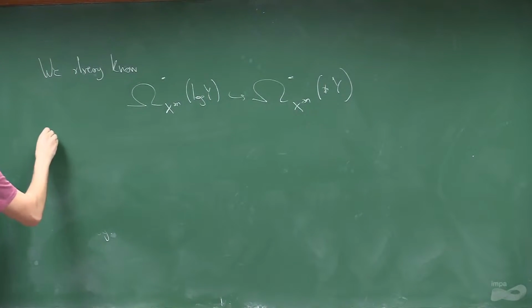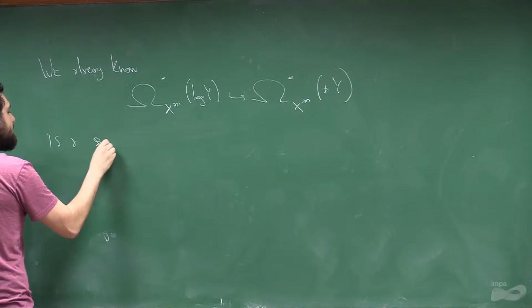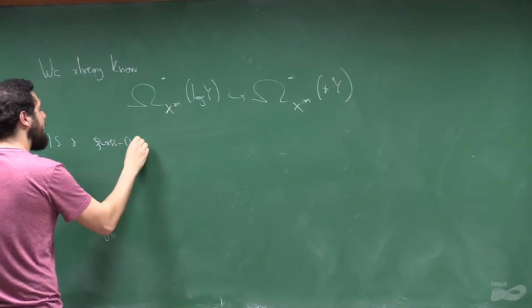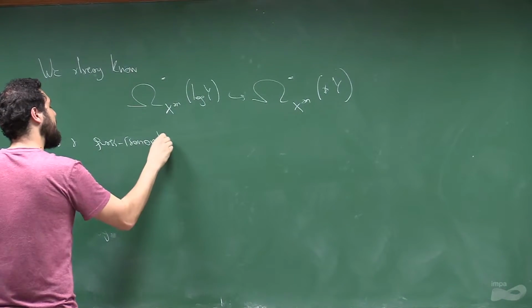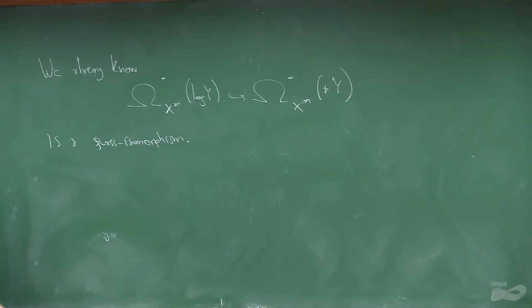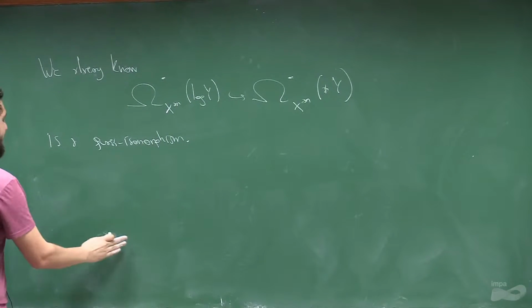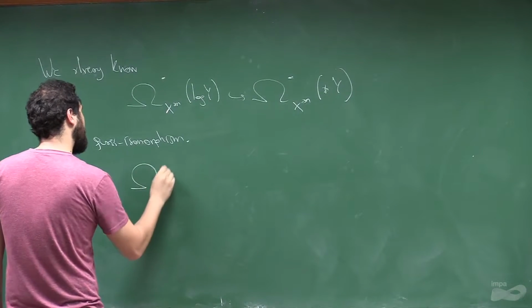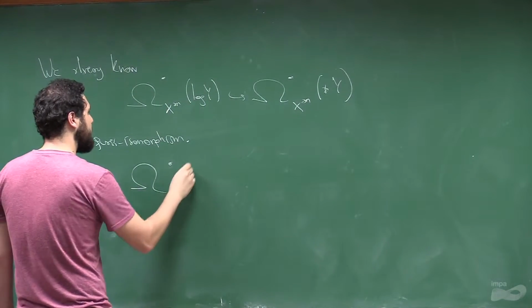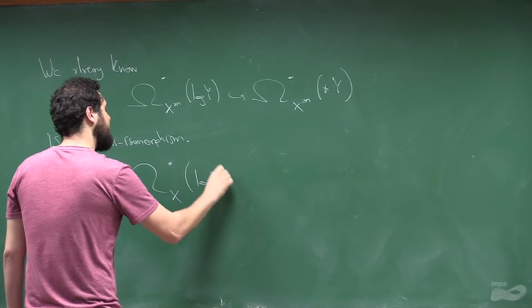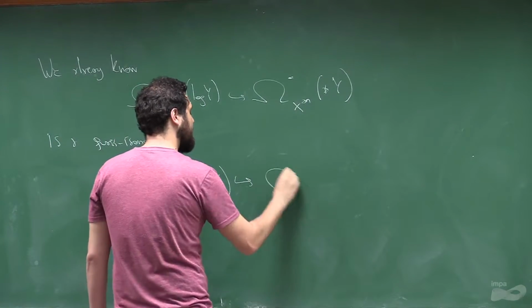Right, we already know that this is a quasi-isomorphism over the Zariski topology, right? And so this implies that the natural inclusion on the algebraic side is also a quasi-isomorphism.